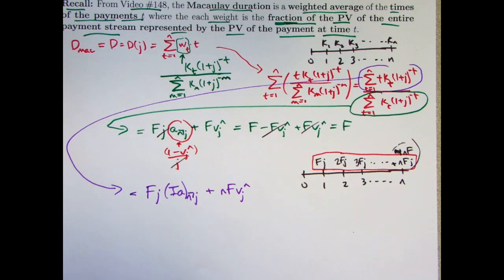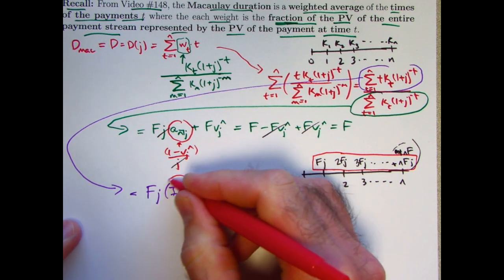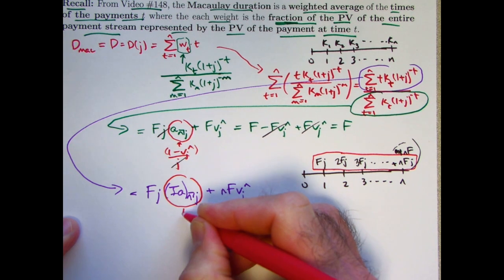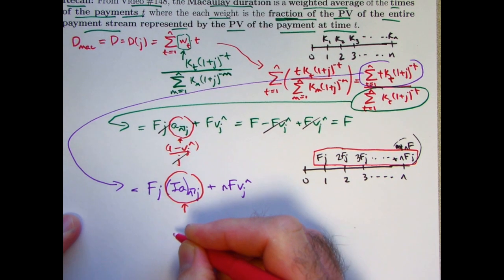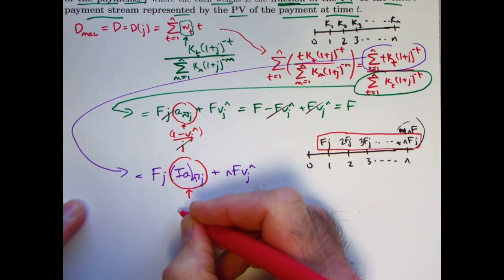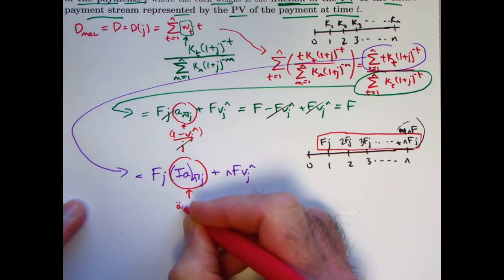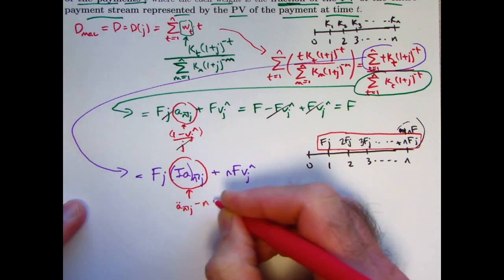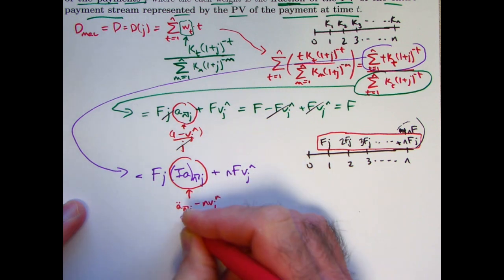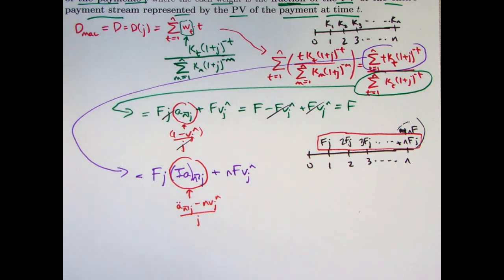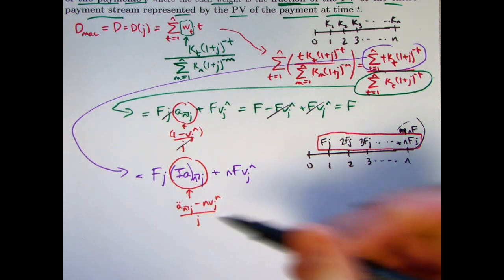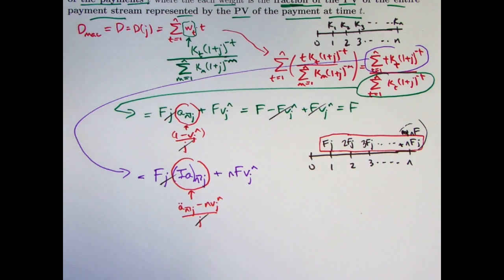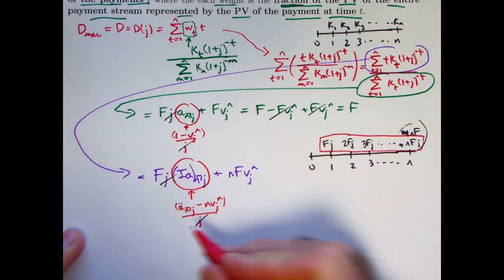Okay? So again, there's a formula for this that involves a double dot. Hopefully you have it memorized. If you don't, look it up. It's a double dot a angle n at j minus n vj to the n, divided by j. Once again, the j's cancel, and with what's left in this thing, you could put parentheses in here if you like.